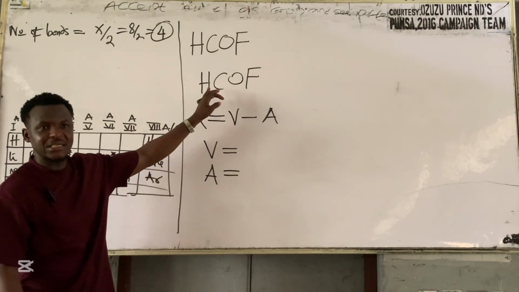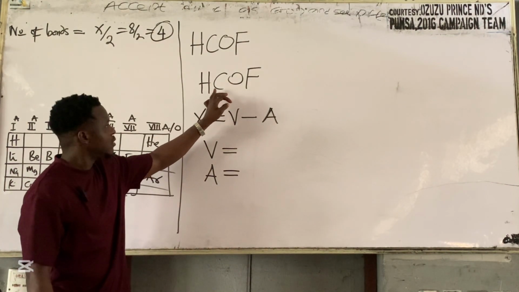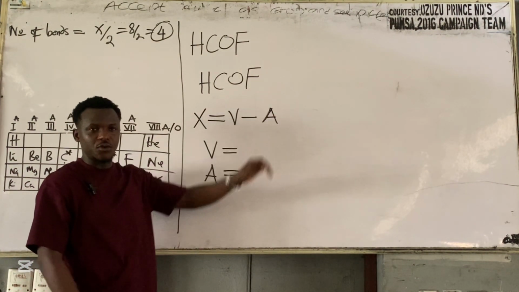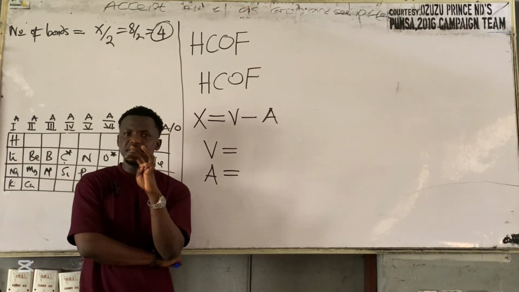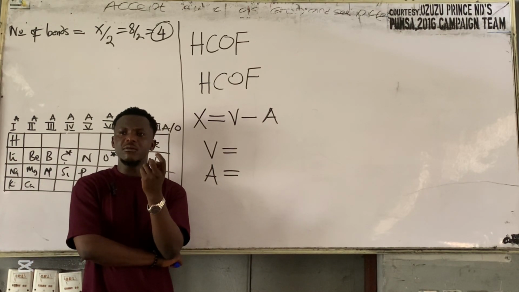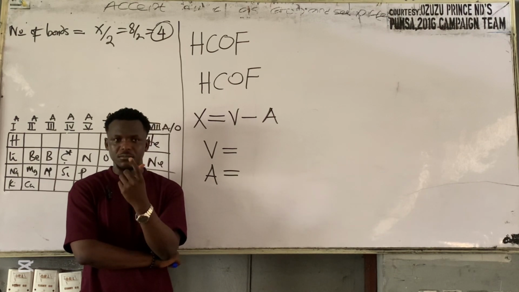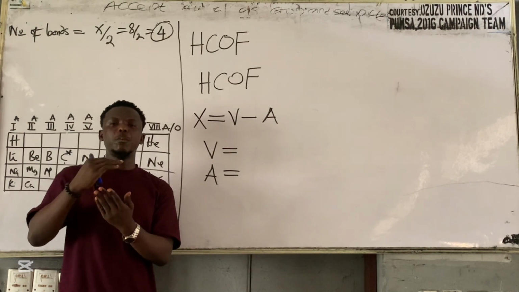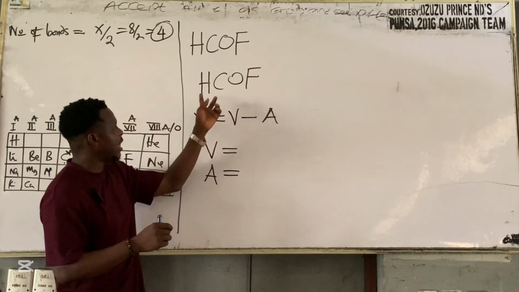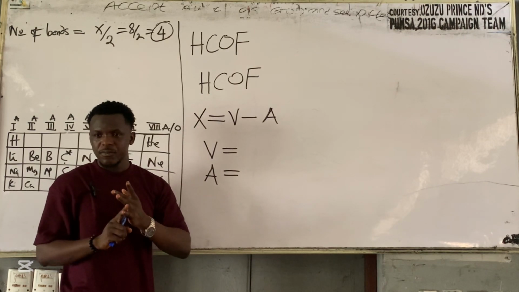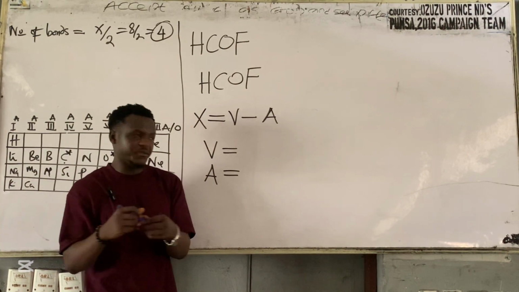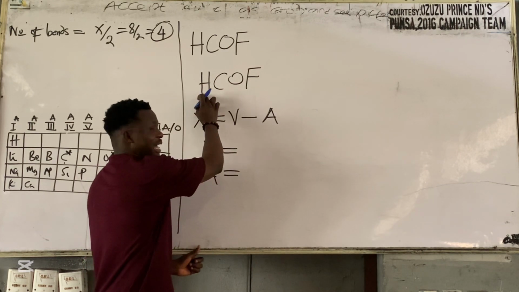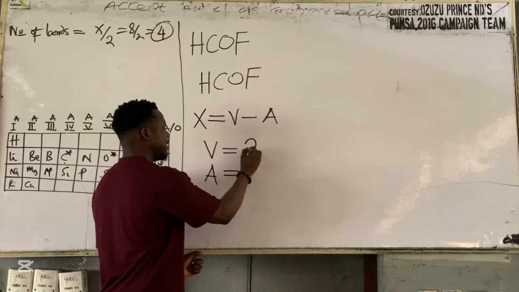We have 4 elements here: hydrogen, carbon, oxygen, and fluorine. And just like I said that, apart from hydrogen, lithium, beryllium, and helium, that attains duplex. That means the V for hydrogen is going to be 2. The V for helium is also going to be 2. V for lithium and the rest of them. So I'll come here. For this hydrogen, my V will be how many? 2.